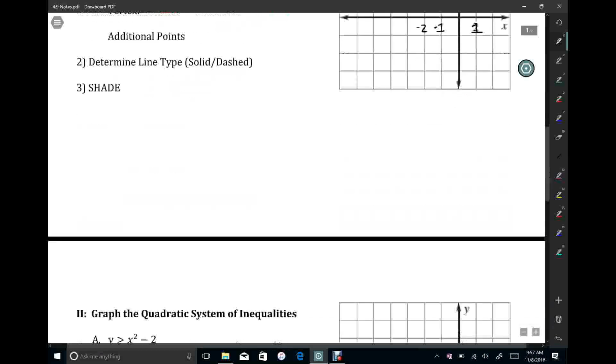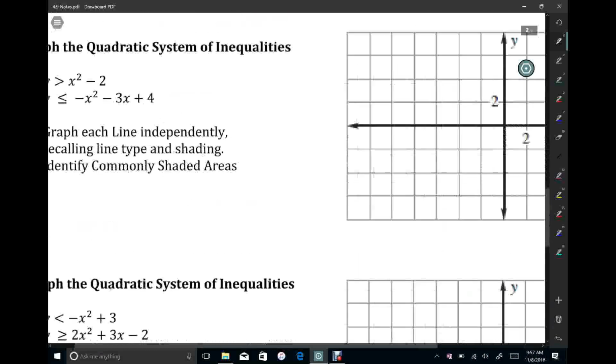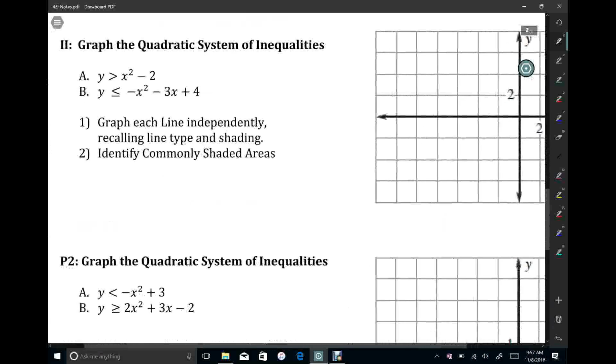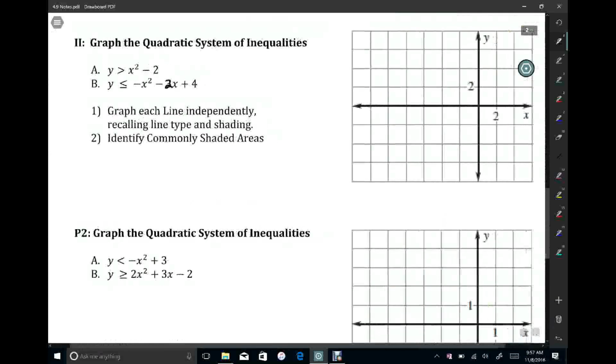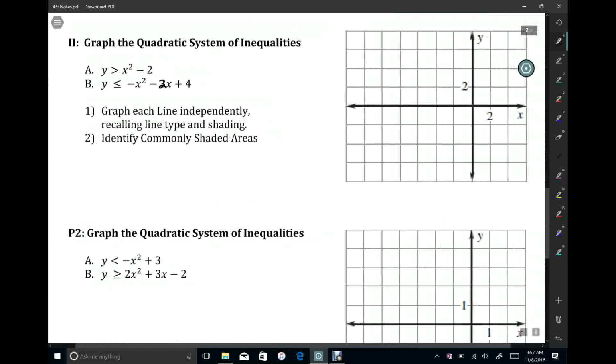But first, let's look at a quadratic system of inequalities, which is really easy peasy. So again, we're going to change this to 2. It makes it nicer for us. And to graph a system of inequalities is really just graphing 2 quadratics at once. Oh my gosh.